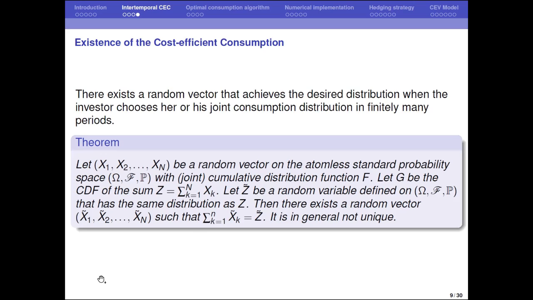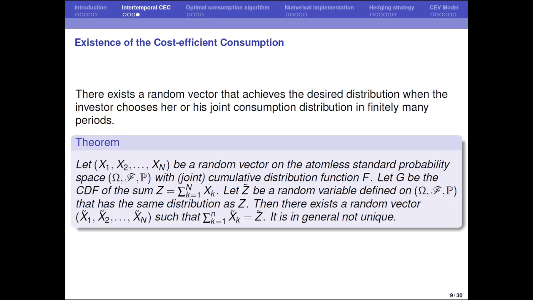For this, we choose x1 to xn, a random vector where these x variables represent the consumption. And well, we let g be the cumulative distribution function of the sum c. And c represents the sum of the elements of my random vector, and that's the distribution I desire.